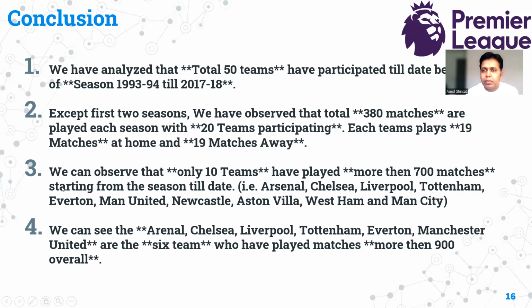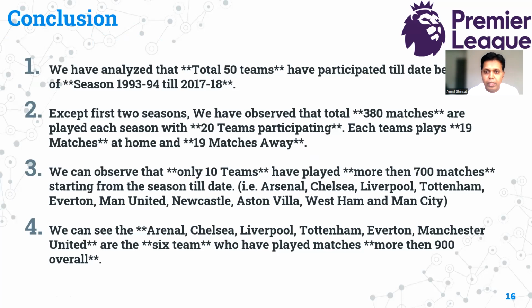So coming to the conclusion, we have seen that a total of 50 teams have participated till date, from the season 93 till 2017-18. Except for the first 2 seasons, the teams play 38 matches per season. Each team plays 38 matches, 19 at home and 19 at the opponent's ground.